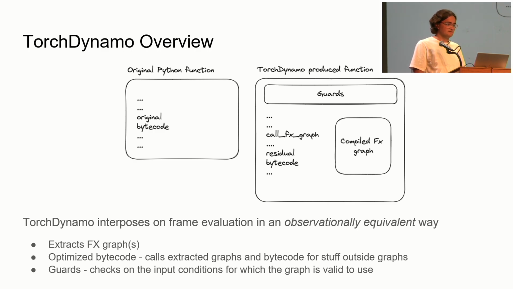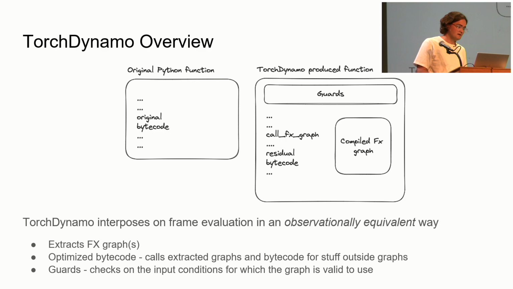We have our original Python function in its original bytecode, and then on the right we have the artifact that's produced by TorchDynamo. So at the top are guards, which are extra checks that we do on the inputs to see that the created tensor graph is valid to be run again when you use a new input.